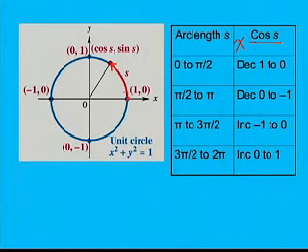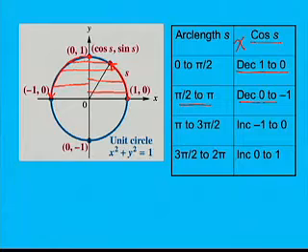So what I would be looking at are the horizontal values, and you can see that we are decreasing from its initial value of 1 down to where the x value is 0, right at pi over 2. As I trace out this section from pi over 2 to pi, the x value is going from 0 to -1.